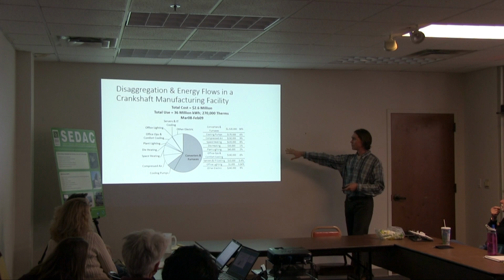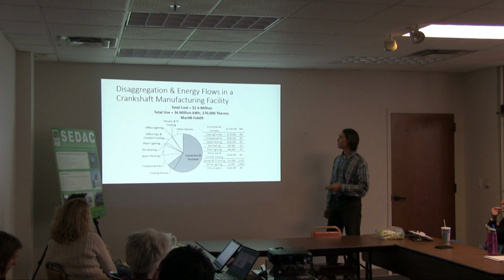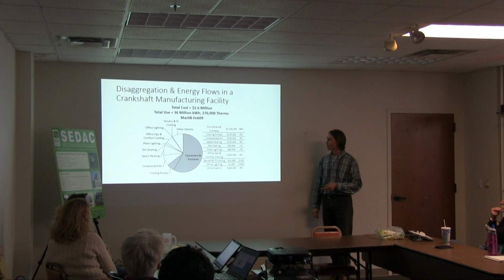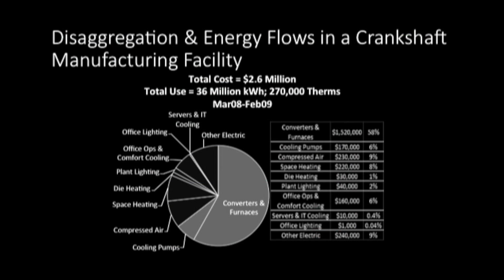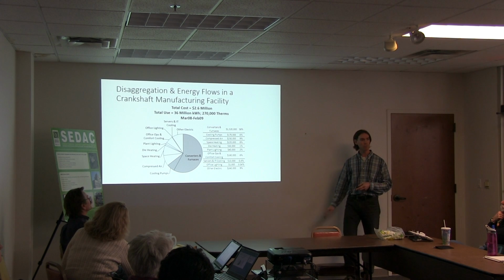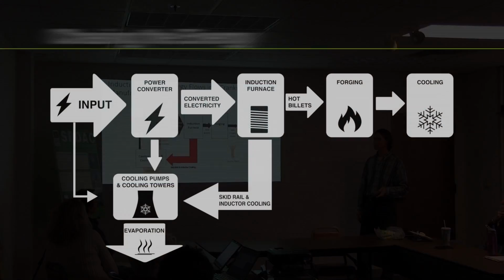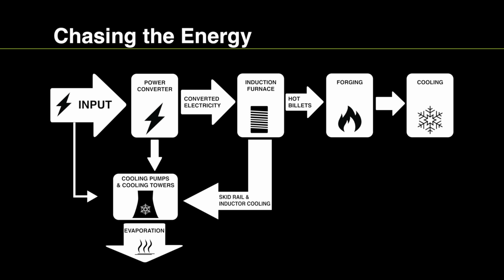I had an opportunity to visit this place, and we did some disaggregation of the energy use there. The processes associated with heating up that metal, conditioning the electricity for those induction furnaces, were a big chunk. This facility specifically wanted to dig deeper into that. It's a process of chasing the energy flows.